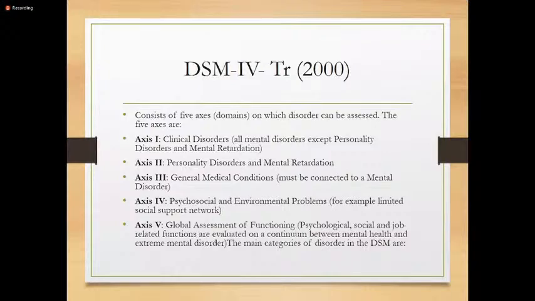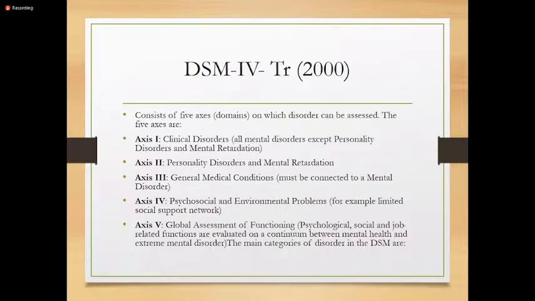So it had an axis one, which was the clinical disorder, except personality. And then axis two had personality disorders and mental retardation. That means you had a clinical disorder and then you went to axis two: does this person also have a personality disorder or mental retardation?